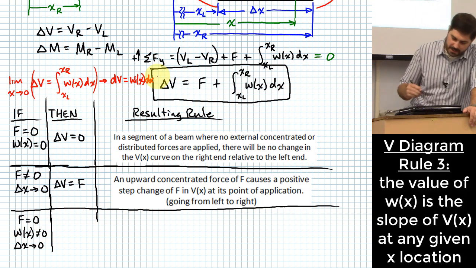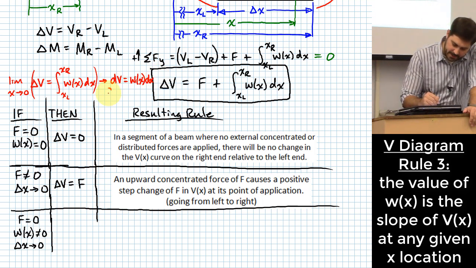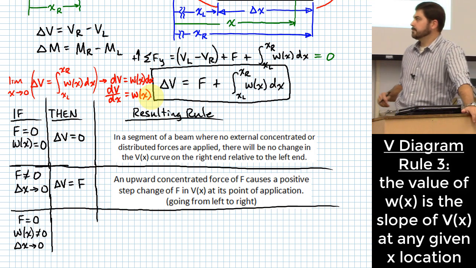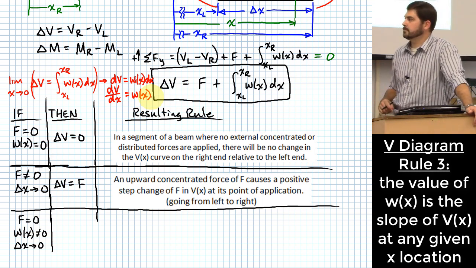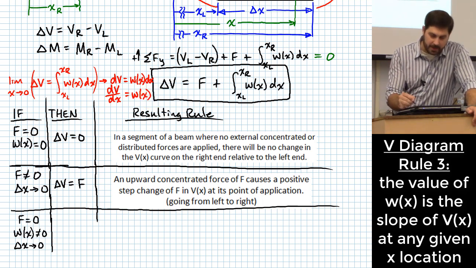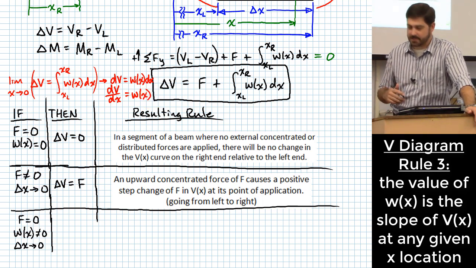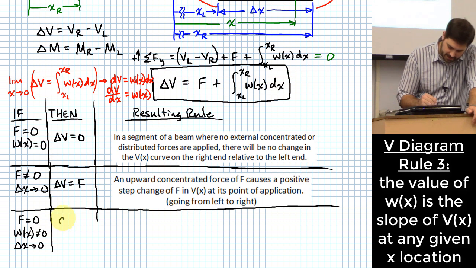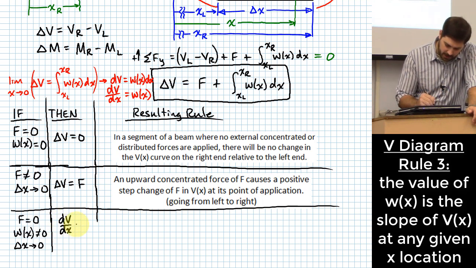Right? And what you see there is that you can solve this and say dv dx is going to be equal to w of x. Okay? So that's what I'm going to put down here in my then spot in this table, right? dv dx is going to be equal to w of x.